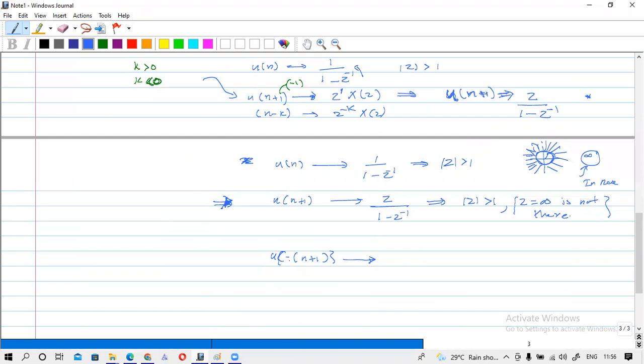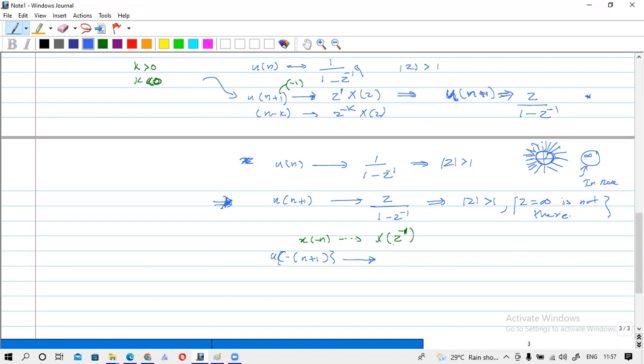So if you have x[-n], you will have X(z^-1). All z will be replaced with z^-1.